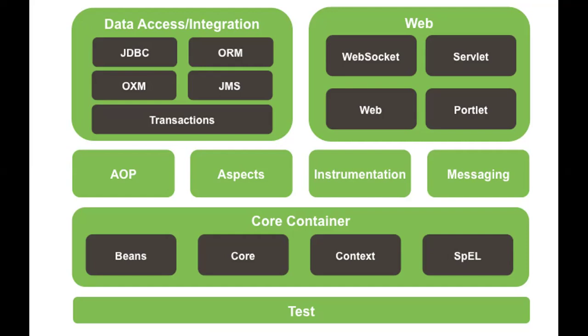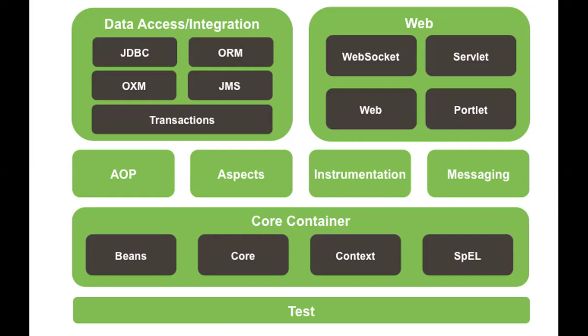Above that, we are having data access integration. The components are JDBC, you know about JDBC, which provides a Java database connectivity abstraction layer that removes the need to do tedious JDBC-related coding by the programmer.